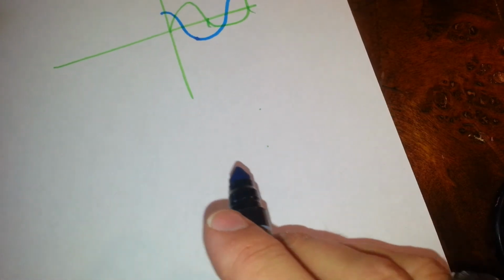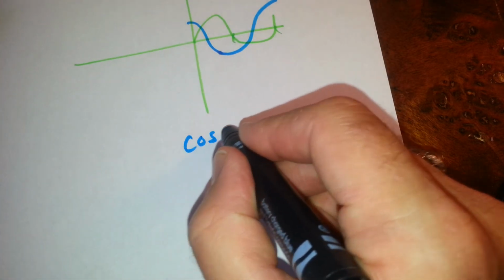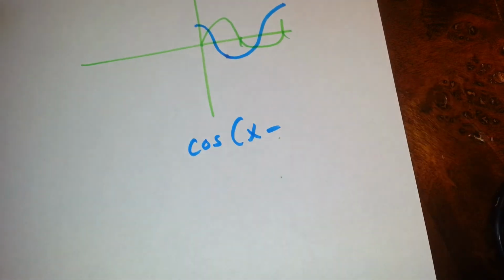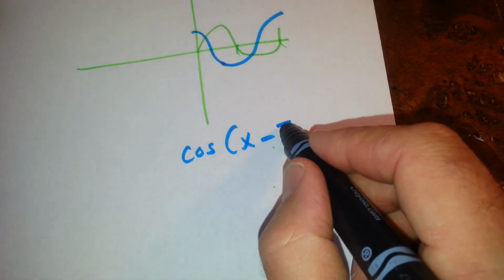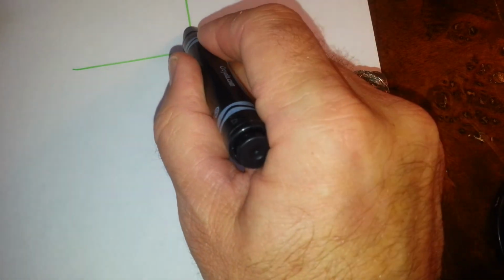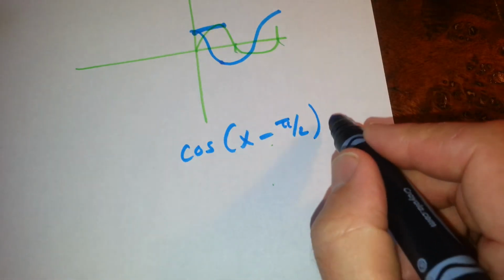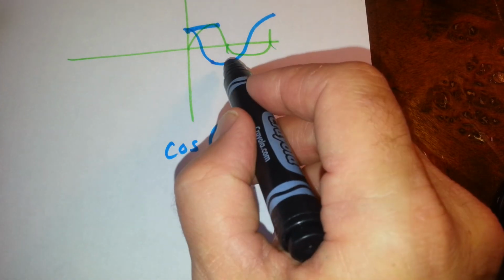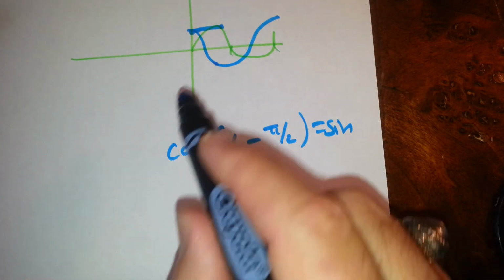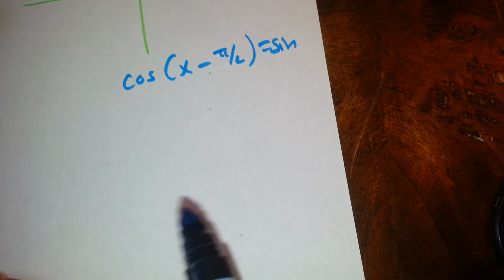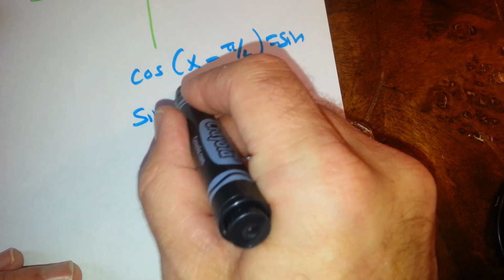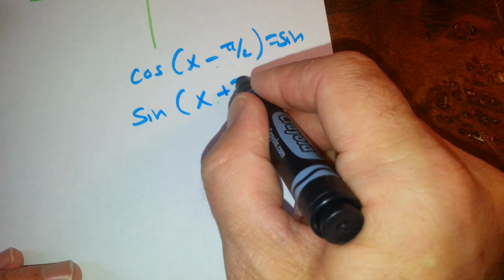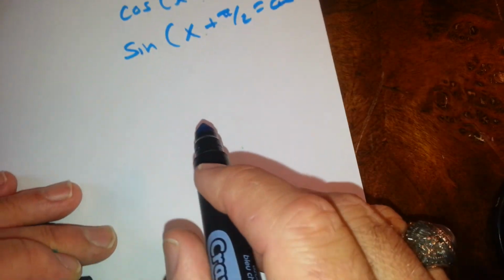You can make these graphs cosine of x minus pi/2. If this moves over to the right pi/2, it's going to equal a sine graph. Okay? If these points move over pi/2. I think I drew that wrong. Okay? Anyway, in the sine graph, we'll look at this later, x plus pi/2 equals a cosine graph.